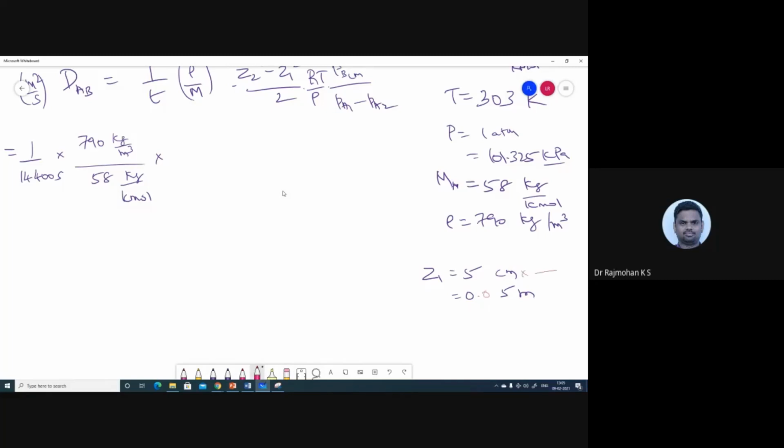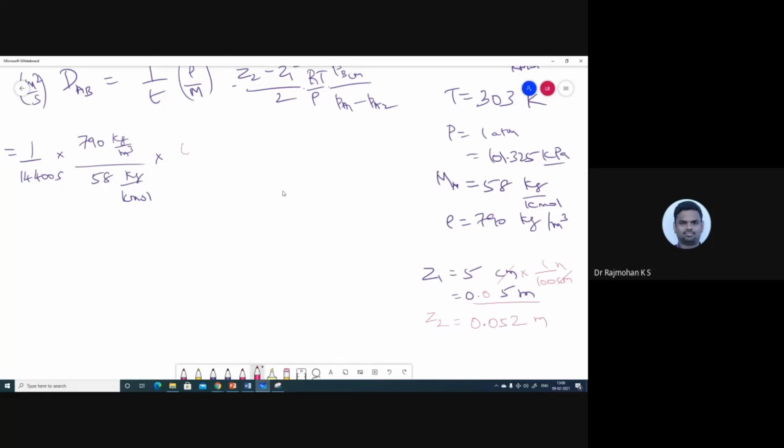That's why I always write 100 centimeters equals 1 meter. And then 5 centimeters plus 2 mm is 0.052 meters. So we can substitute that here.